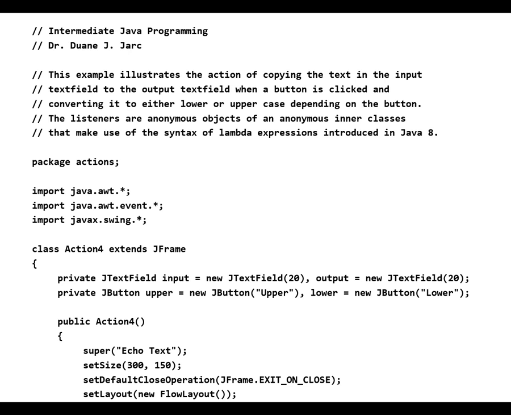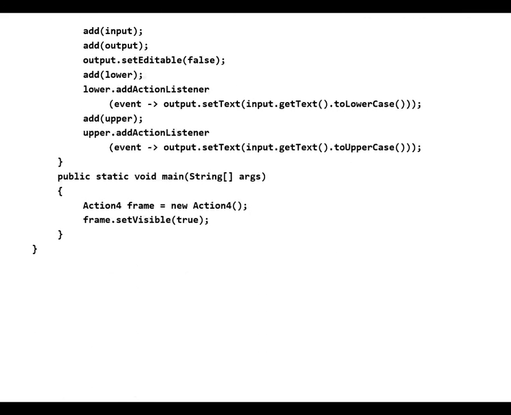We can actually simplify it a bit further. Let's scroll down to the portion of the program that contains the lambda expression. Because there is only one parameter, we can omit the parameter type and the parentheses that surround it. Because the body of the method contains only one statement, we can omit the braces as well.